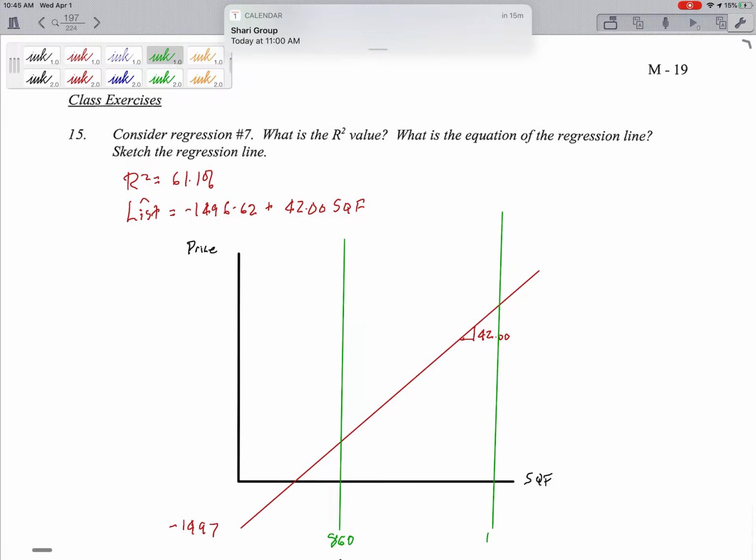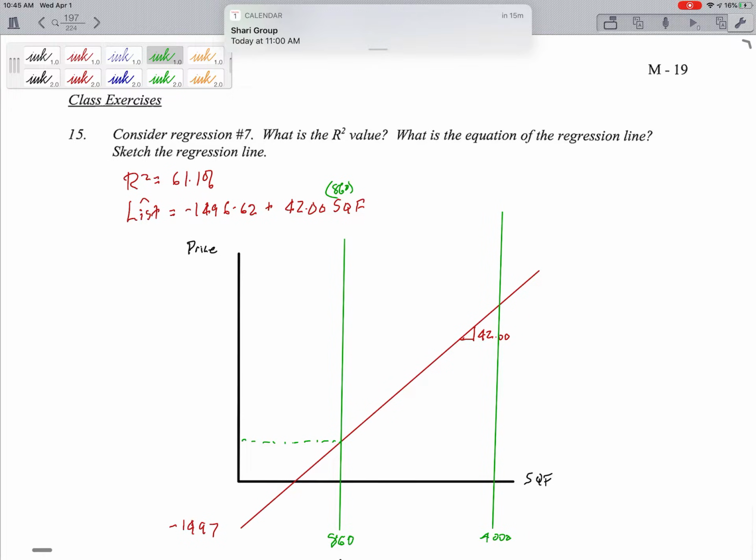And then it went up to 4,000 square feet. So within that range, of course, you end up with a positive price here, whatever that is. So you could stick 1,860 into that equation and then figure out what that list price is. I'm not going to do that. I'll assume that you can do the math and figure out what the listing price of the house would end up being.